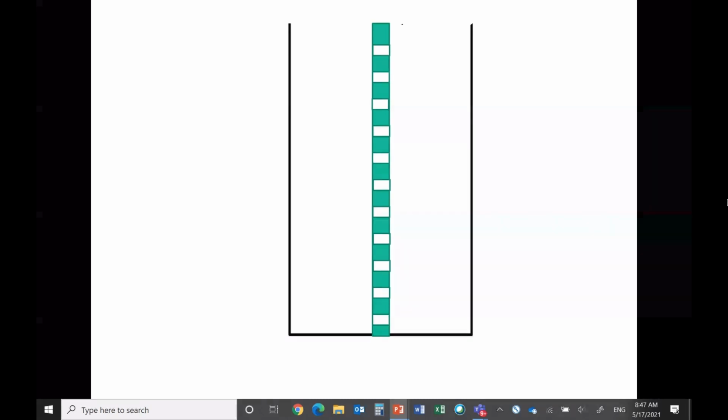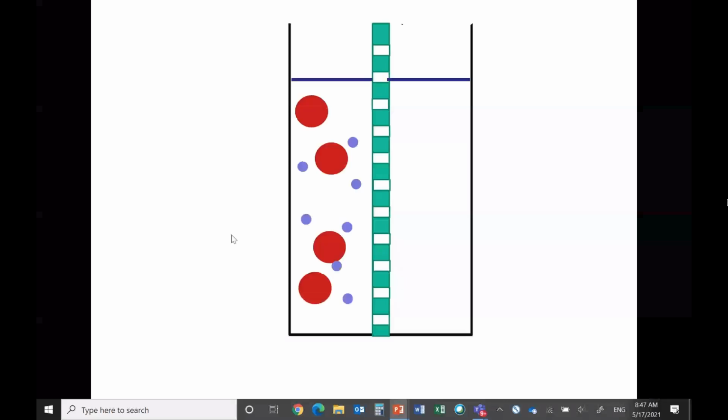This membrane is semi-transparent. This means that, for instance, from the left side, we have different particles, the large particles and the small particles. And this membrane is very transparent to the small particles. However, it is untransparent for the large particles.